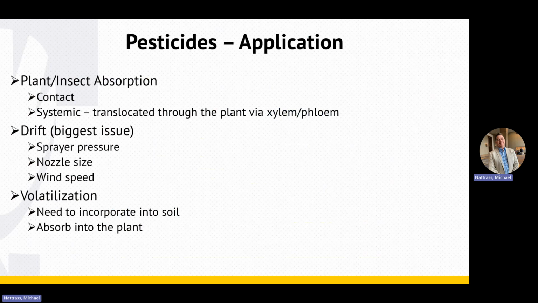You wouldn't want to spray something at 3 o'clock in the afternoon, because likely the wind speed is going to be high. We can have this problem with volatilization, and the best way to combat that is to get the chemical into the soil or onto the plant as quickly as possible. That's why we want to do this early in the morning, because volatilization is also influenced by temperature.